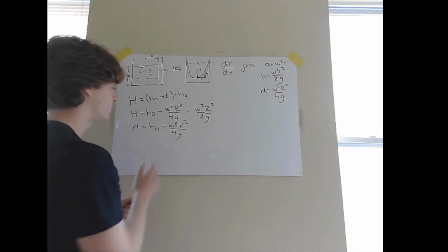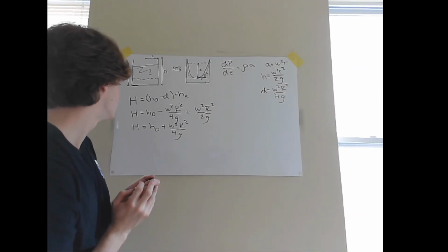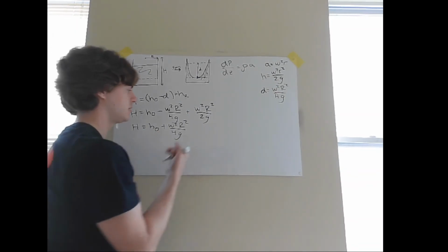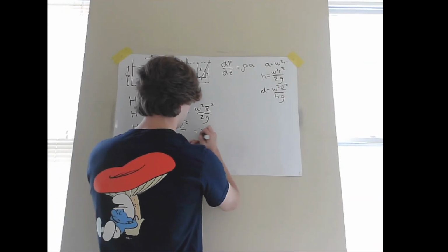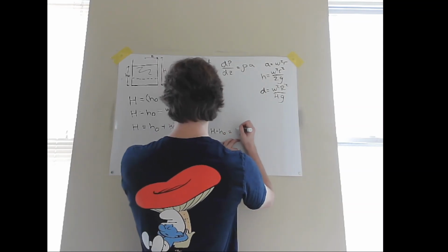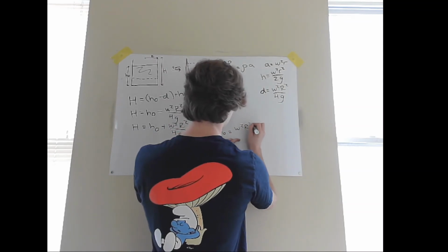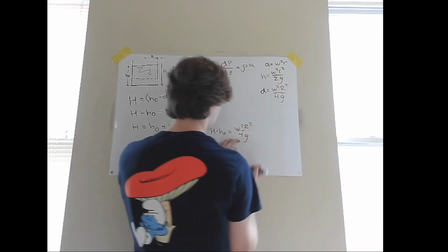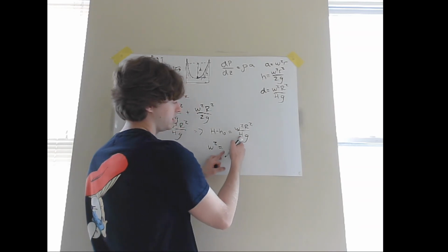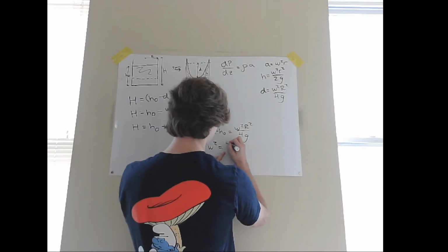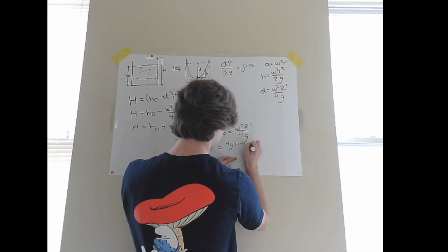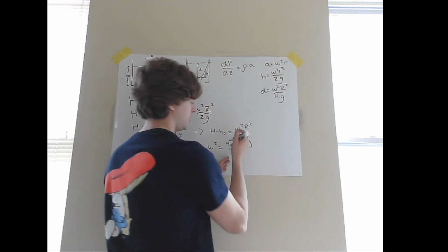Now we just solve for our angular frequency. So we can subtract H naught to the left side of the equation. We have H minus H naught, and we're left with omega squared R squared over 4G. To get omega squared alone, we need to multiply by 4G and then divide by big R squared.